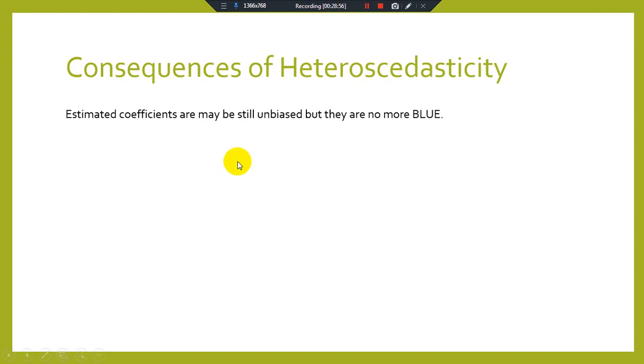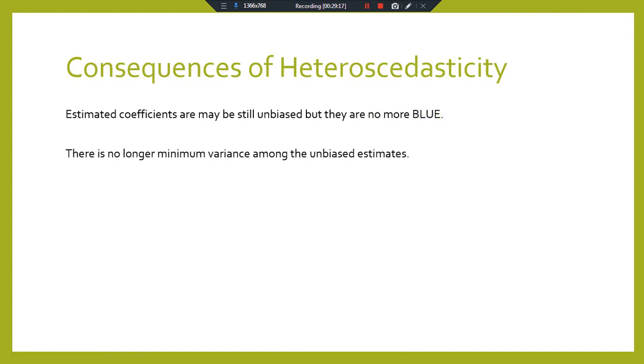In the presence of heteroscedasticity we estimate the parameters, and they may still be unbiased, but they are no longer the best linear unbiased estimator, and you know the parameters must be BLUE.